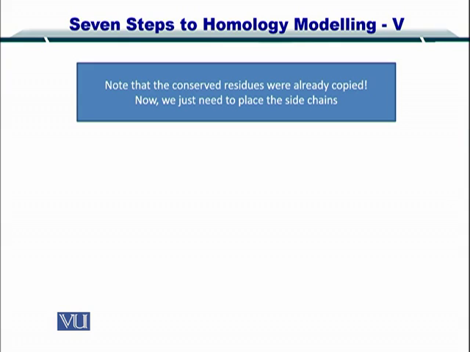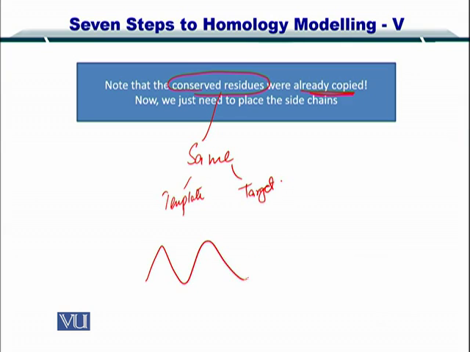As I just mentioned, the conserved residues, that is the residues that were the same between the template and the target, have already been copied. So you now have a structure with a backbone with some side chains added, while some side chains are missing.